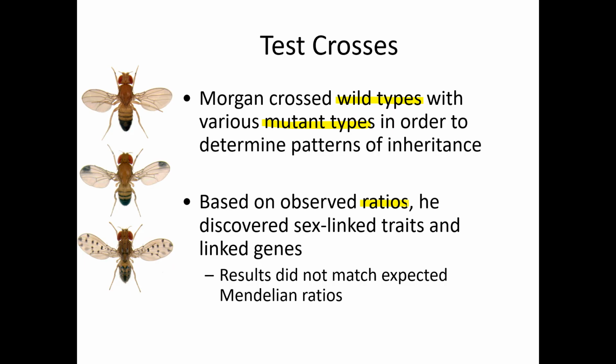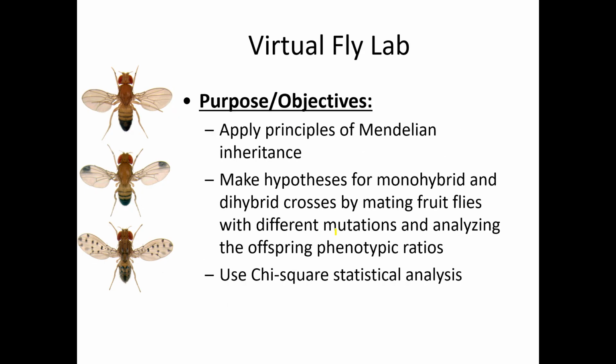Now, they might get Mendelian type ratios, and if that's the case, that would tell them that it's autosomal. You have a basic dominant recessive pattern. Or if they didn't get Mendelian type numbers, that would help them determine if it was something like sex linked, or maybe they were linked genes. And so anytime those results didn't match, it would lead them to other types of inheritance.